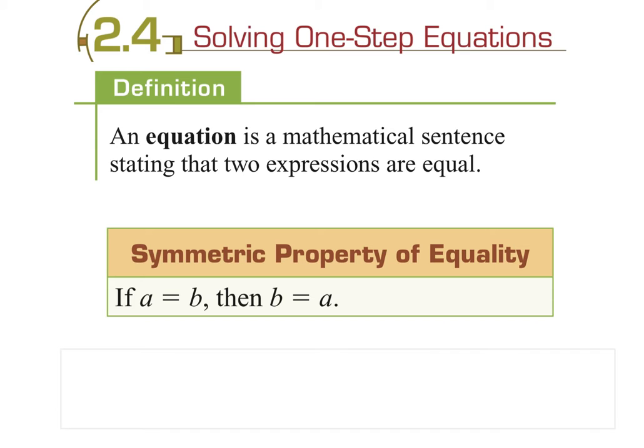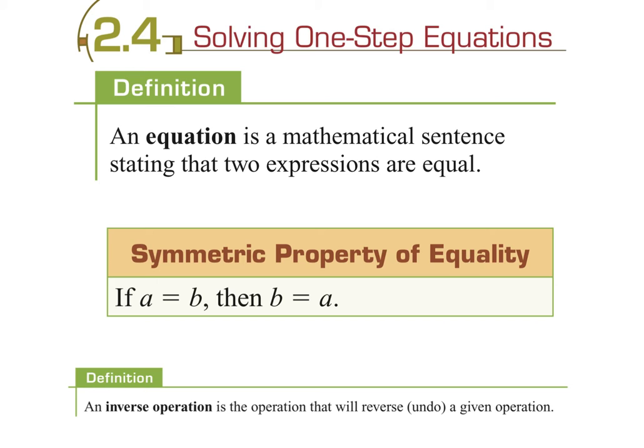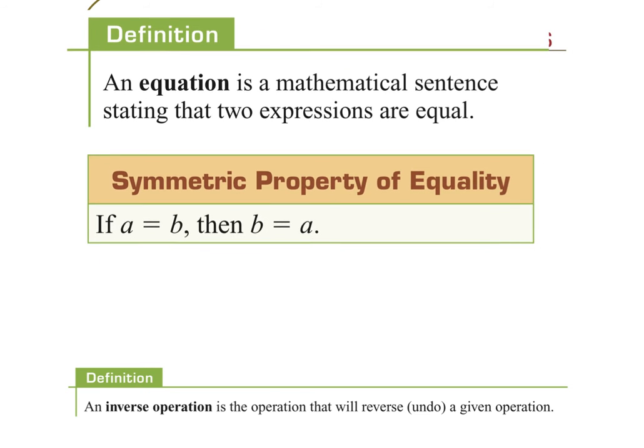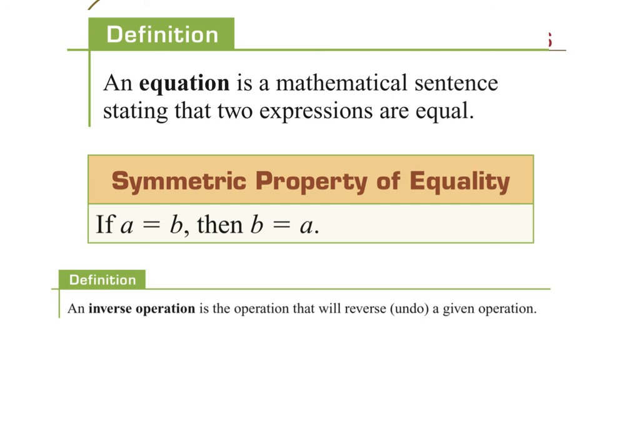It's also important to keep in mind that you always want to keep those sides equal, okay? Whatever you do, you can't change the balance of the equation, all right? And so you start throwing in some other properties here. The first thing they talk about is something called an inverse operation. The reason they're talking about this is you are going to use inverse operations to solve equations, all right?